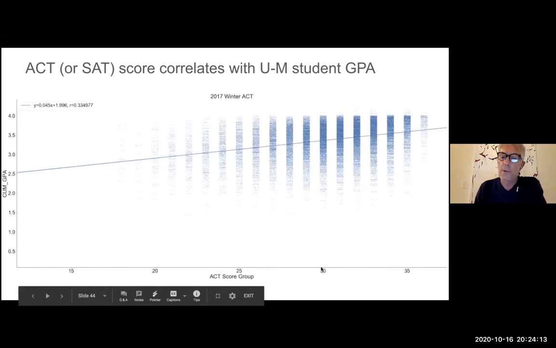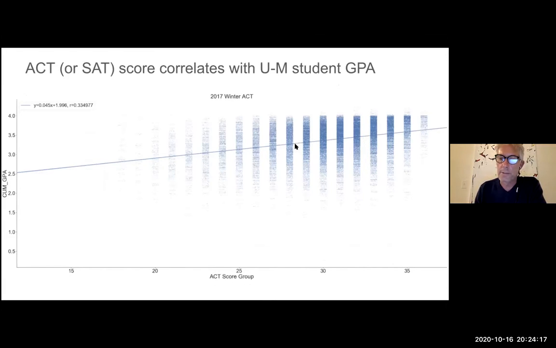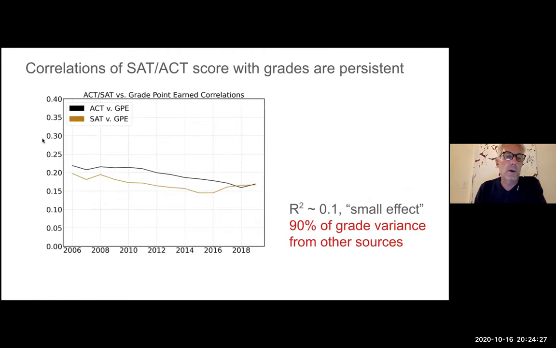Let me put it this way: if you test well on a standardized test, you're going to test well in courses too. It's a weak trend line, there's a lot of dispersion, but that trend line is certainly there, and it's pretty persistent. If you look at the correlation coefficient between ACT and grades earned and SAT and grades earned, it's been pretty constant. It's weakly declining with time, but it's a mild correlation, right?